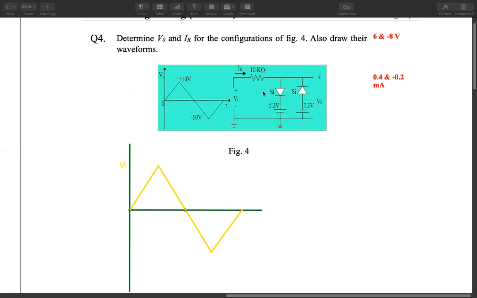This diode we will consider. For that, same thing, I am taking this as point A and this as point B.